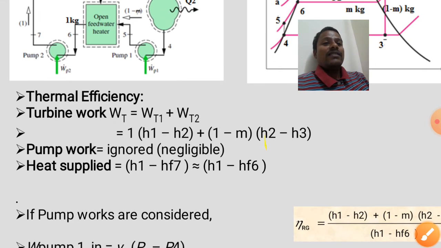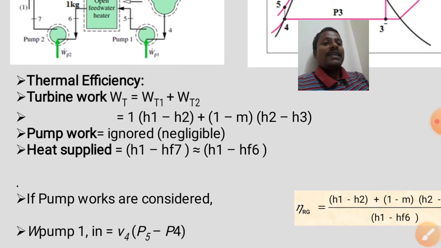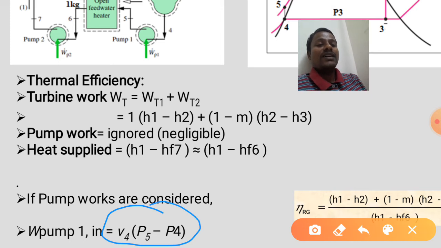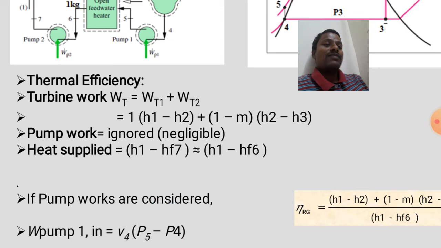Here the inlet specific volume is Vf4 or simply V4, the higher pressure is P5 and the lower pressure is P4. We know this formula has already been used in numericals. So this is V4 into P5 minus P4.